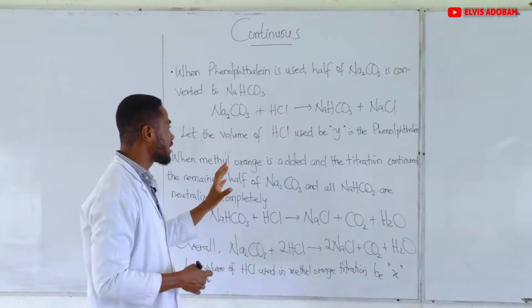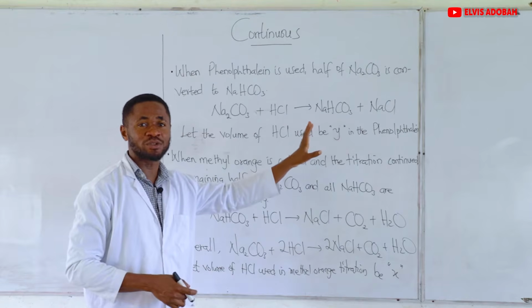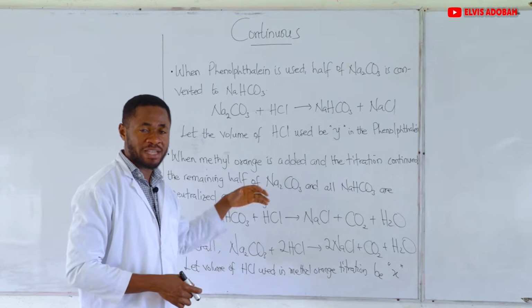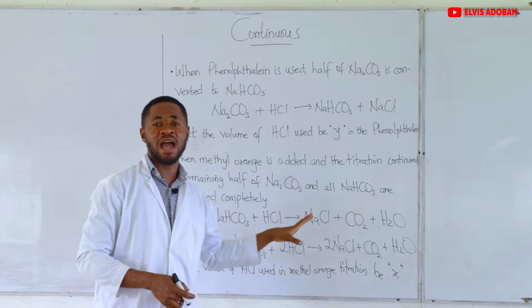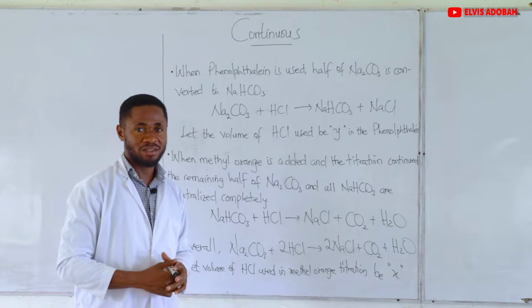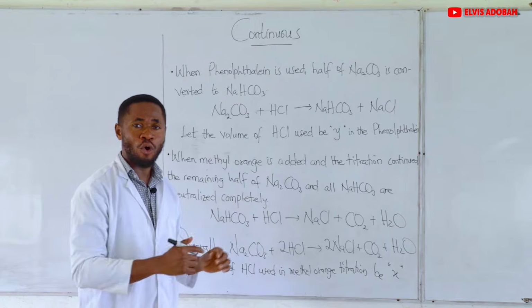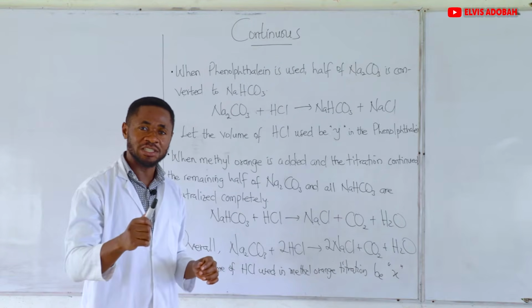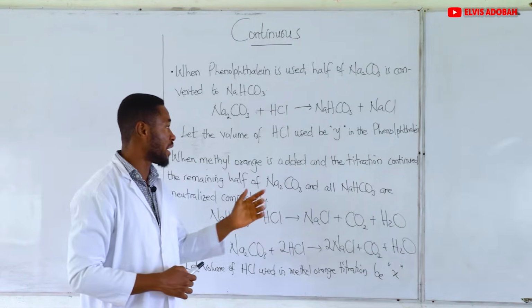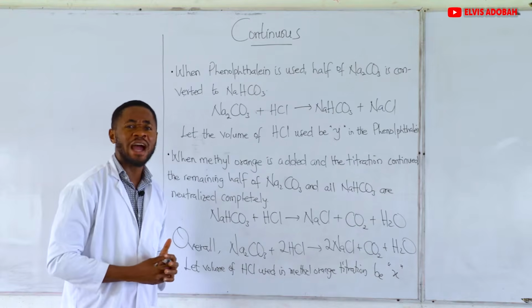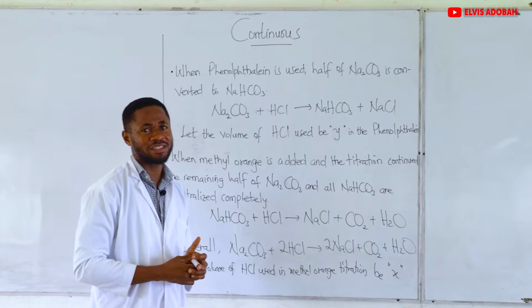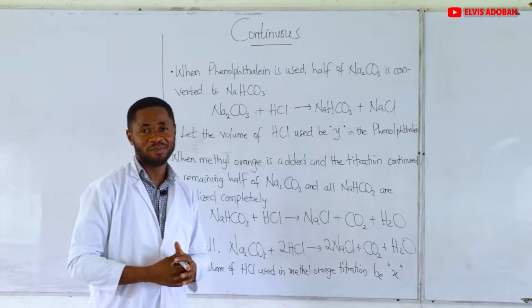We had an average titer for the phenolphthalein titration and another average titer for the methyl orange titration. But remember, we kept the initials at 0, although the titration was continuous. Today, we want to look at what really happens in double indicator titration, especially the continuous one.